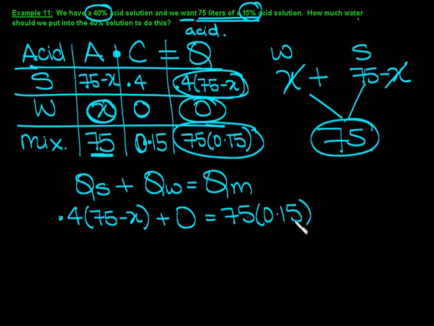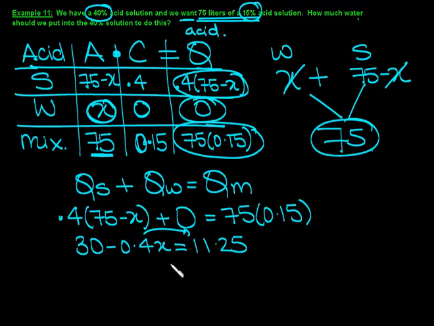Now it's just a matter of getting rid of the parentheses and solving. That's all we need to do to solve this. Nothing fancy. So we get 30 minus 0.4x is equal to, when we multiply 75 times 0.15, 11.25. Let's solve for x.